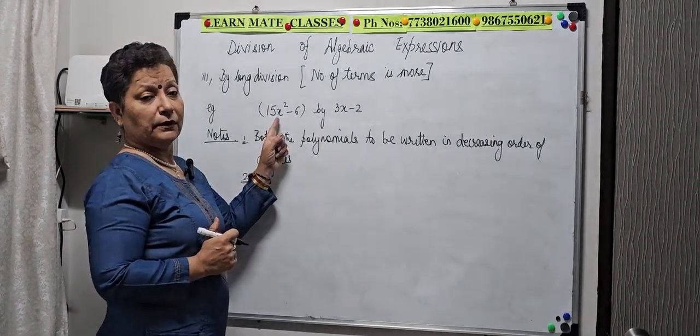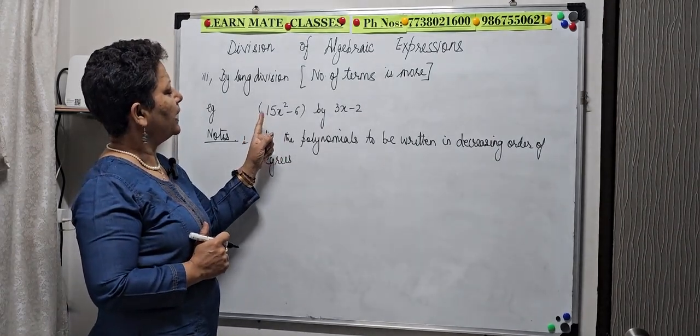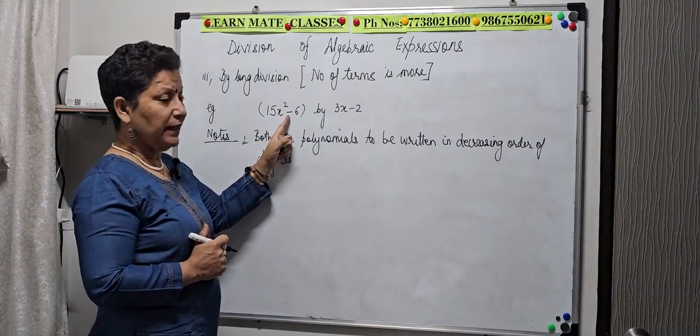If some power is missing in the middle, like if I had an x square term, did I have an x term?